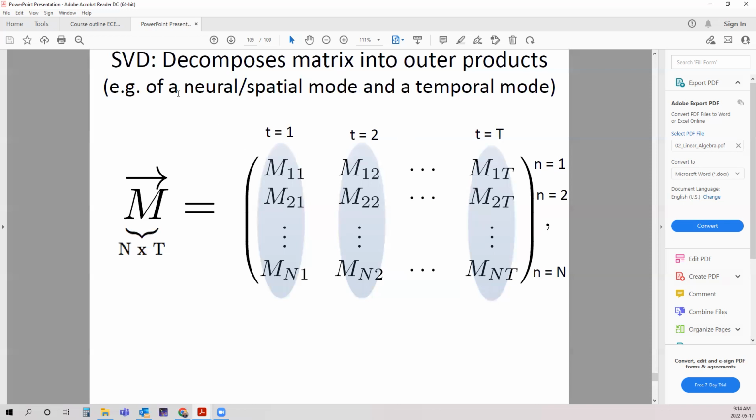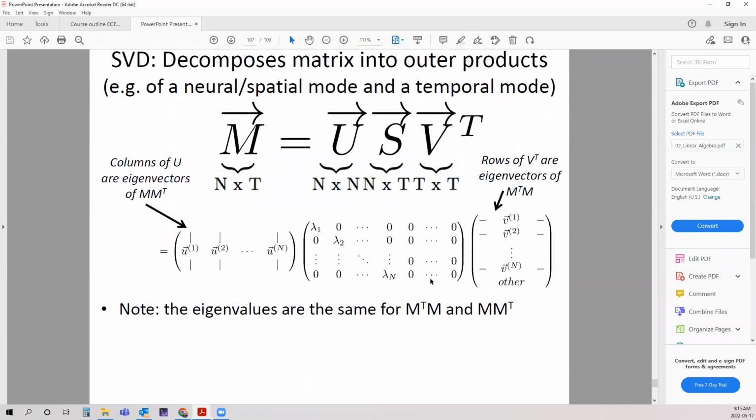So SVD decomposes matrices into outer products of neural spatial modes and temporal modes. If we have the matrix M, N by T, with columns T1, T2, T3 till T, and rows N1, N2 and so on, this would be M11, M12, M1T till MNT. So how do we do this?